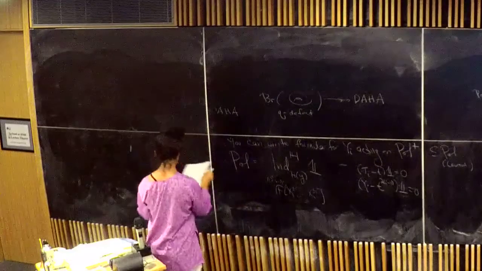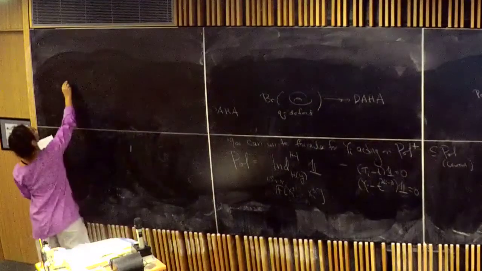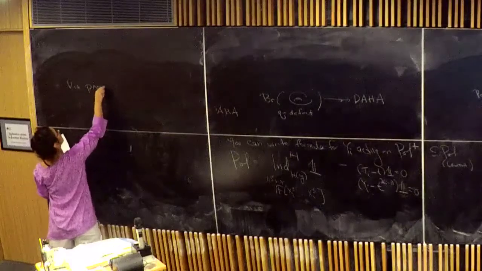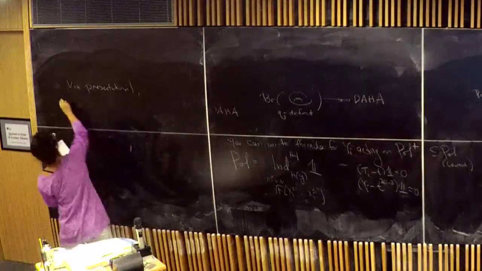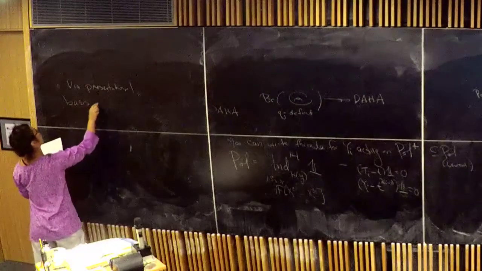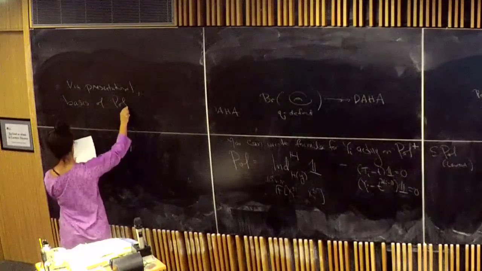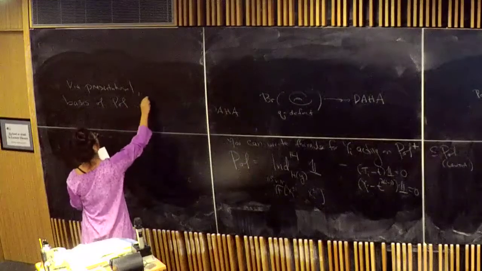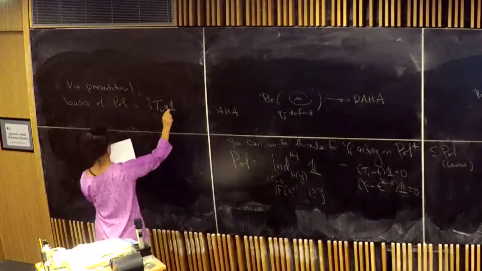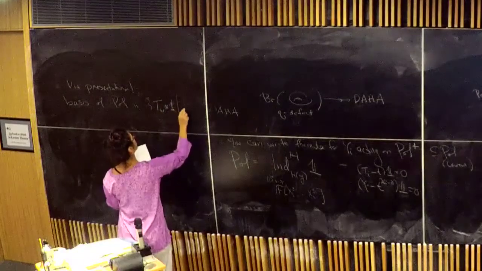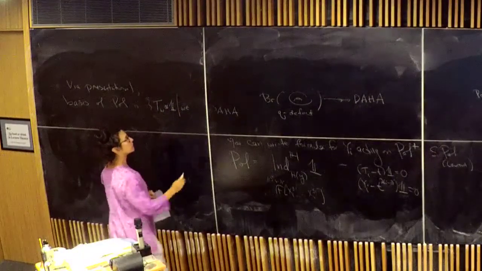So let's use that. Via my first presentation, that means that a basis that we can take of this polynomial representation is T_w tensor 1 for w in what?